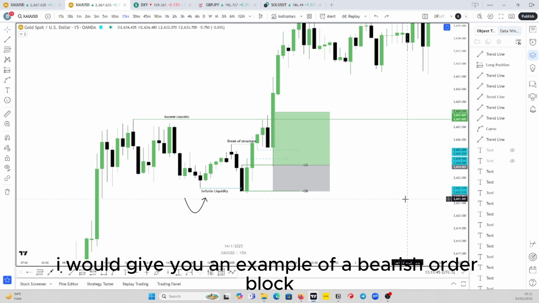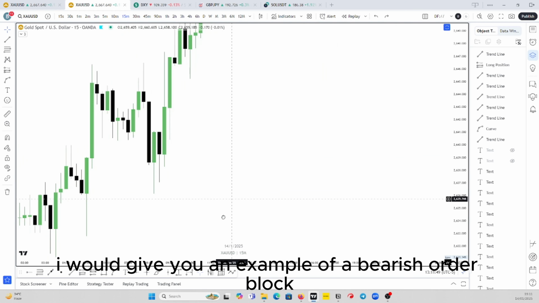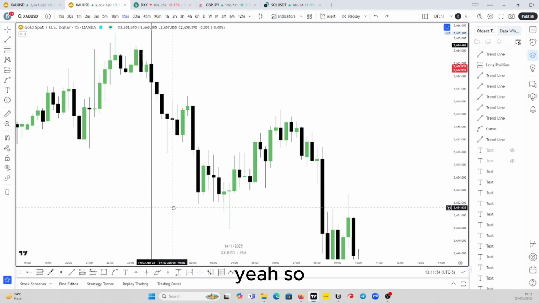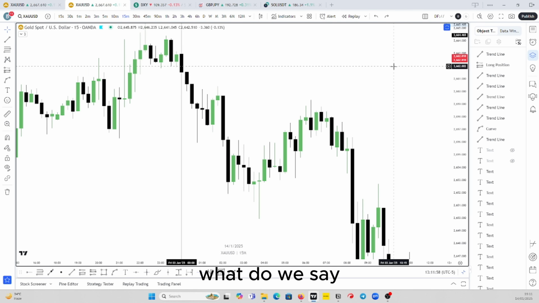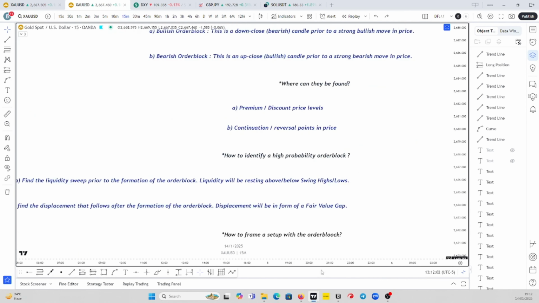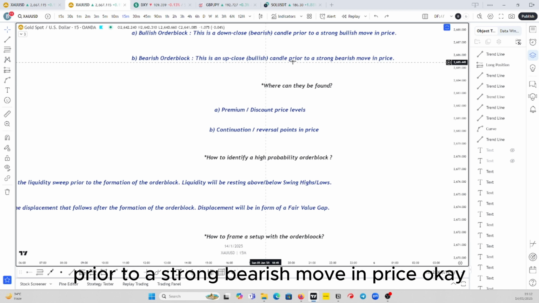So I would give you an example of a bearish order block. I think I had seen one. Yeah. So what do we say are the attributes of a bearish order block? It's the up close candle prior to a strong bearish move in price, okay?